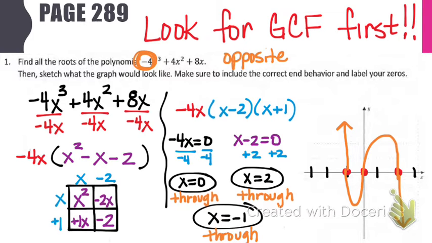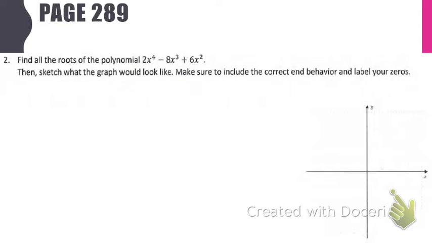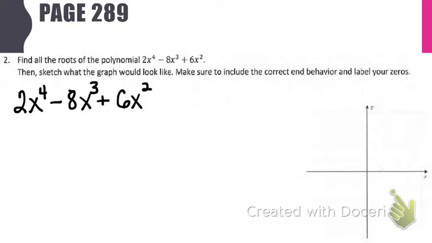So let's look at number 2. Go ahead and take out your GCF. So look at question number 2, same page. Look for your greatest common factor for number 2. So what do you think my GCF is for this one? 2x, not just 2x.